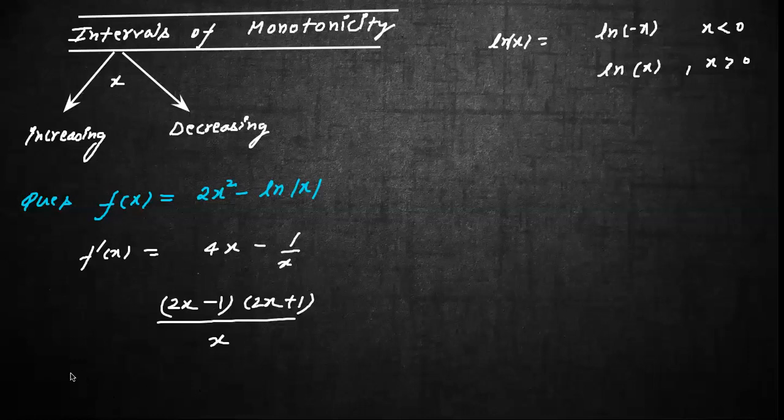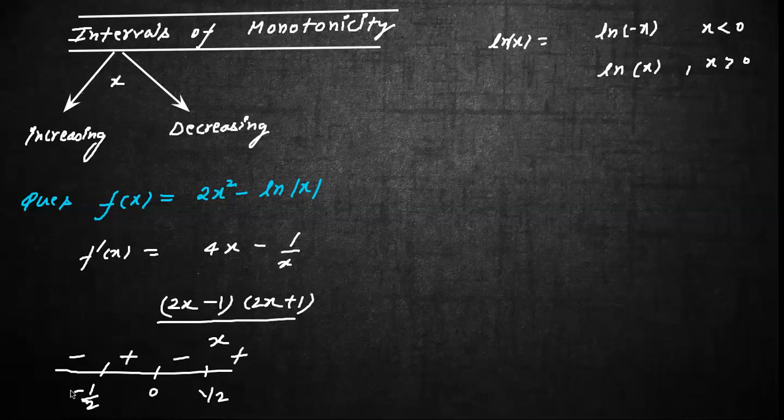Forming the wavy curve is also very simple. This is minus half, this is 0, this is half. The signs are positive, negative, positive, negative.